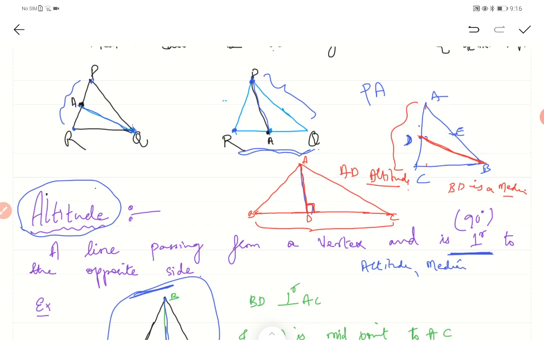If it is a line passing from any vertex of a triangle and coming perpendicular to the opposite side, then you call it an altitude.